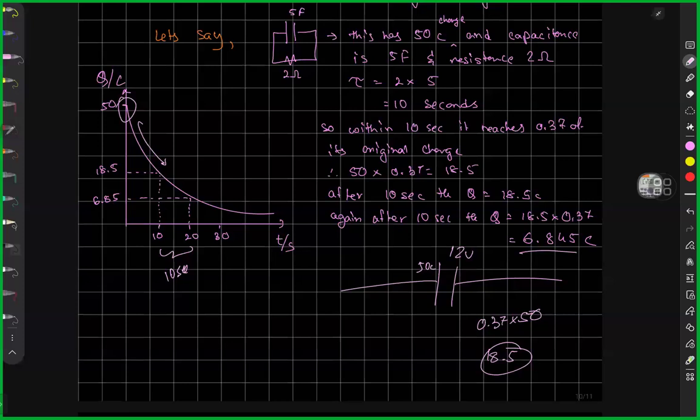Why is it 37%? Because this is the percentage that, when figured out, has a repeating lifespan. It takes 10 seconds to reach 37% of its initial value, 18.5, and another 10 seconds to reach 37% of that. This continues forever.